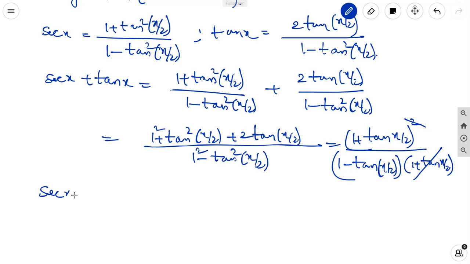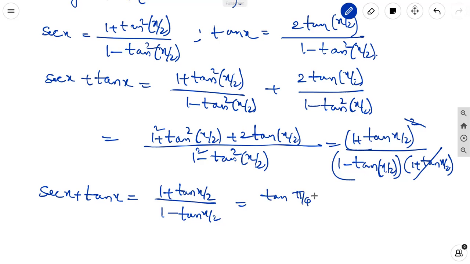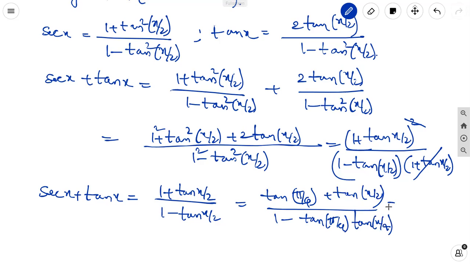Then secant x plus tan x equal to 1 plus tan x by 2 by 1 minus tan x by 2. We know that 1 is nothing but tan pi by 4, so tan pi by 4 plus tan of x by 2 by 1 minus tan of pi by 4 tan of x by 2. It is in the form of tan a plus tan b by 1 minus tan a tan b. So tan of a plus b, pi by 4 plus x by 2.